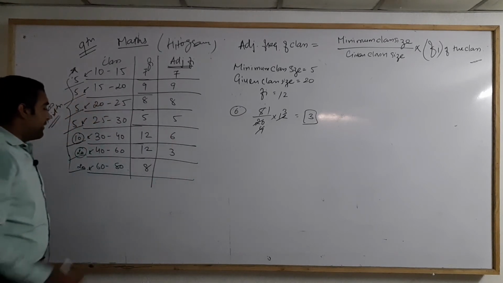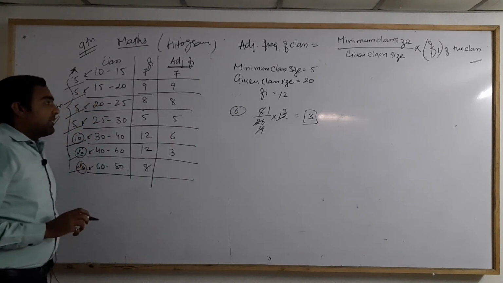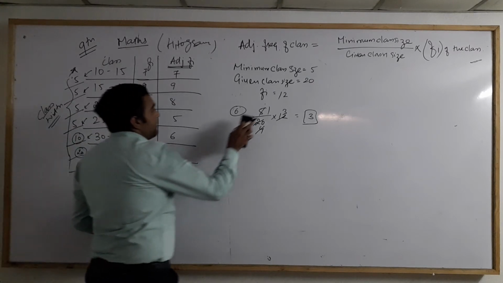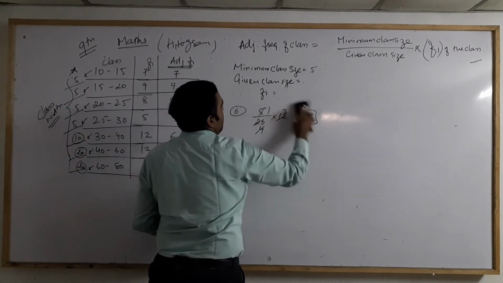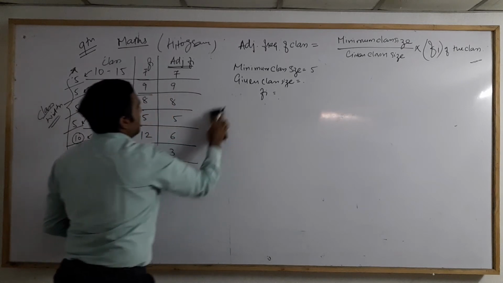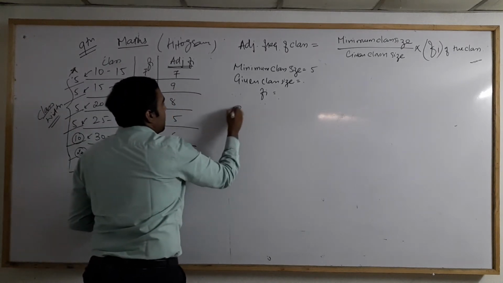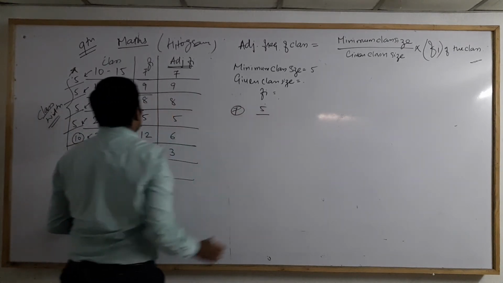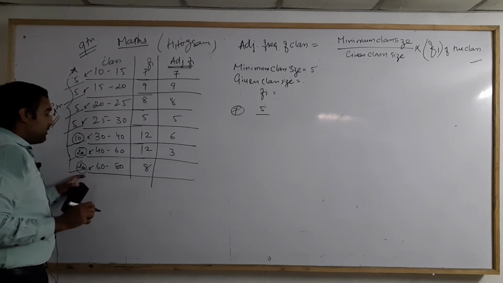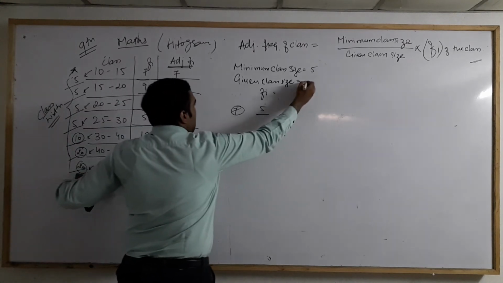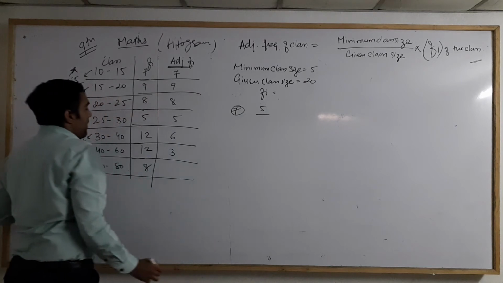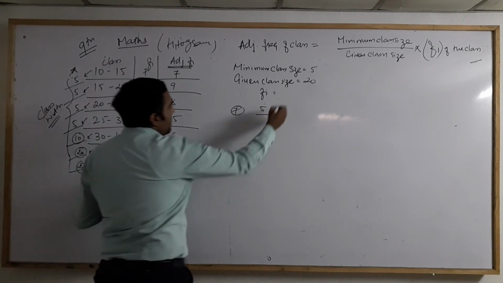Now for the last, seventh one, my minimum class size is given as 5 as it is and my given class size is 20, and my frequency for that is 8.